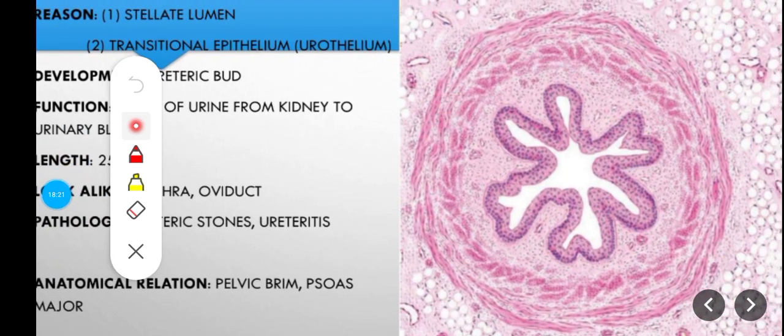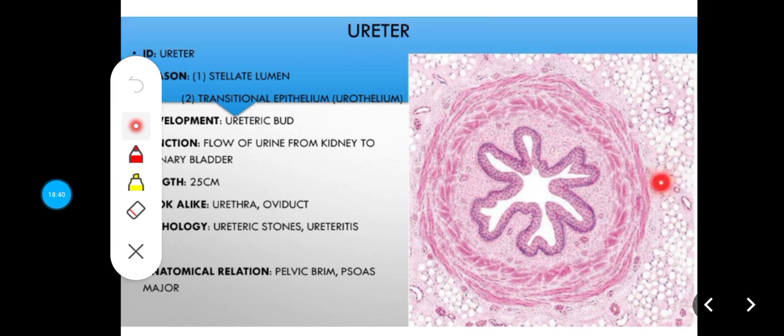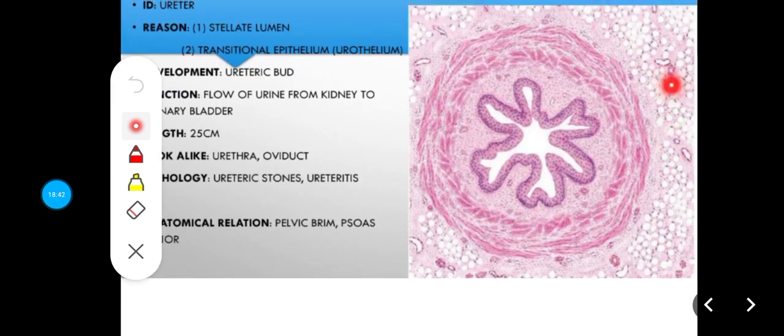Now, one of the major things that will help you to differentiate the esophagus from the ureter is the presence of this extra layer of connective tissue, which is the adventitia. In the ureters, it is very much pronounced. In most slides of the ureters, you see a huge amount of connective tissue, which contains some fat cells.